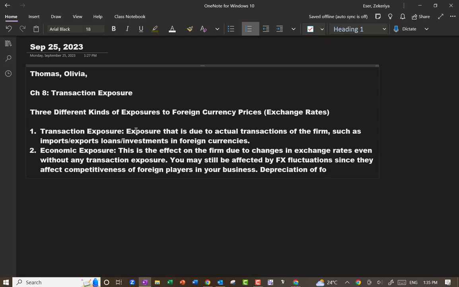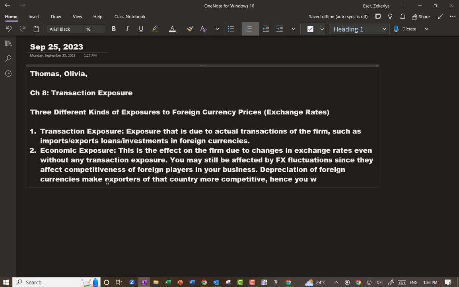Depreciation of foreign currencies makes exporters of that country more competitive.